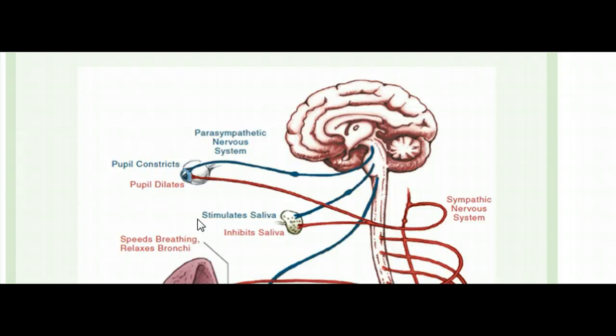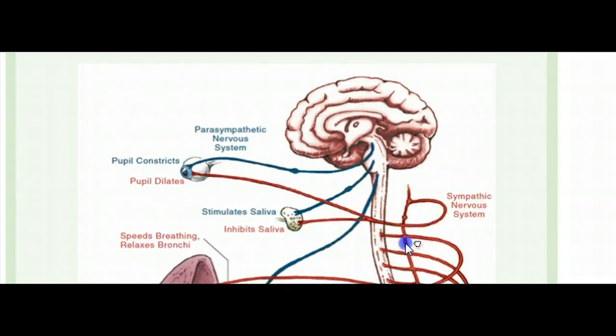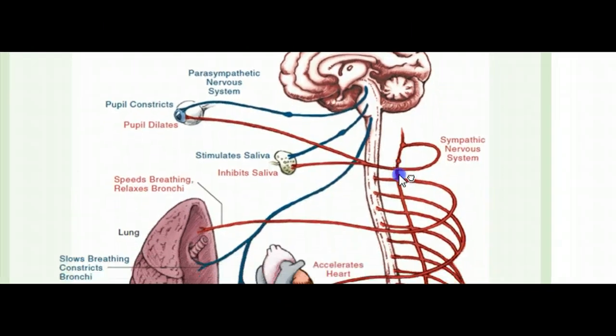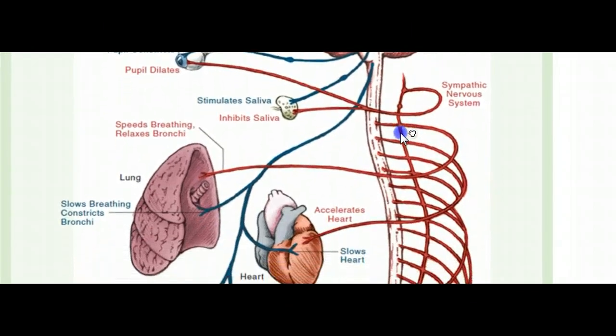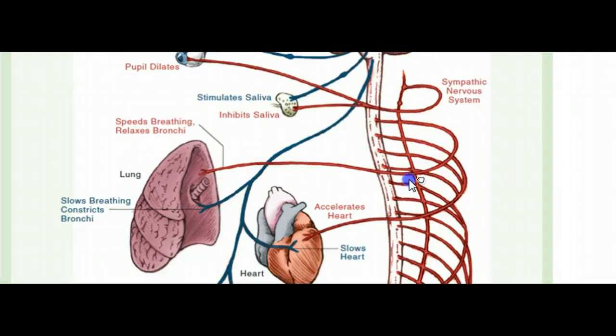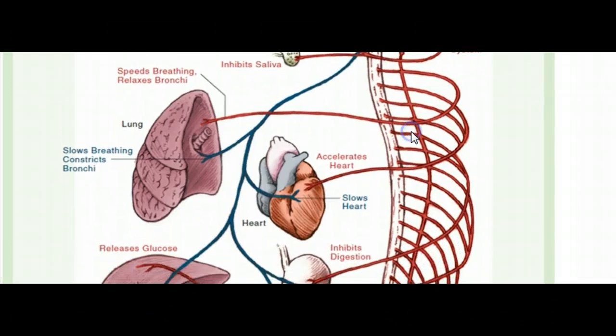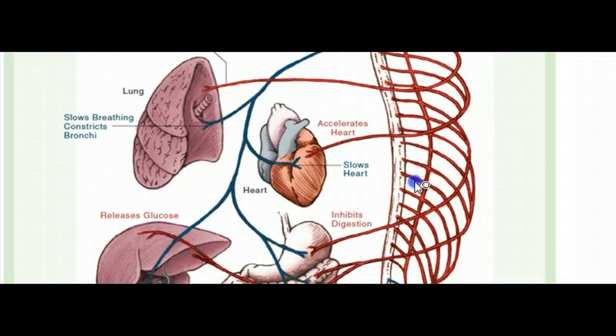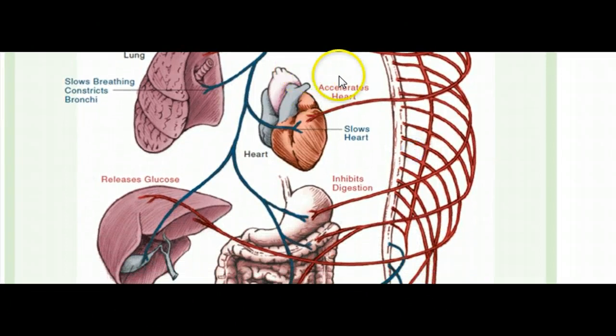Well, what do you want to either fight or run away? What do you want to automatically happen in your body? Well, look at the red here for sympathetic. You want your pupils to dilate so you can see stuff up close. You don't really need to be drooling because it's not like you're going to be snacking on any food. You want to speed up your breathing because you need more oxygen. You want your heart rate to increase, and that's what the sympathetic nervous system does.